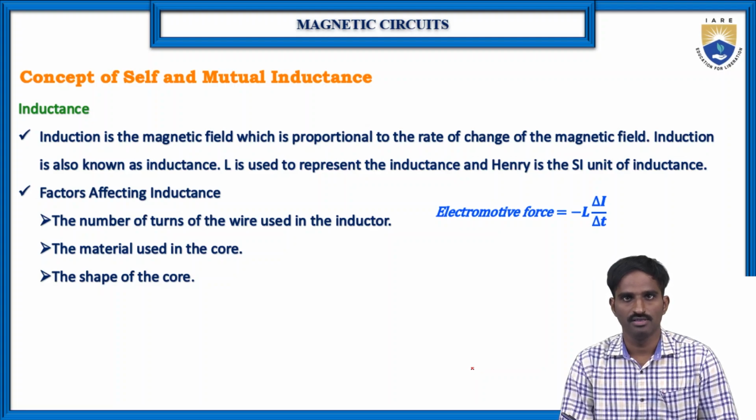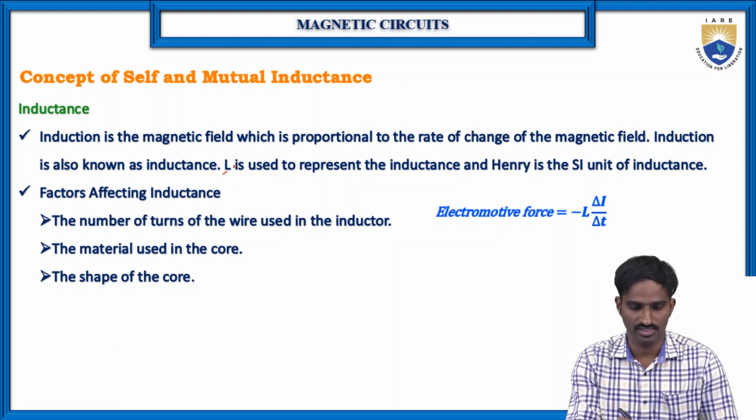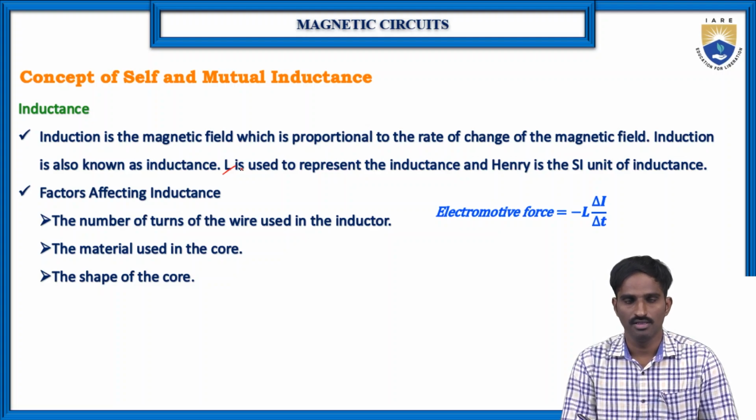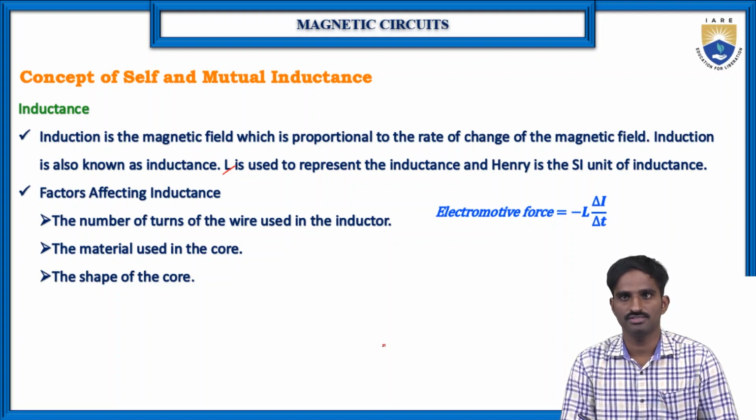When there is a rate of change of magnetic field, only then will current flow through that particular conductor. This is also known as the inductance, which is represented with the capital letter L, and its unit is Henry.